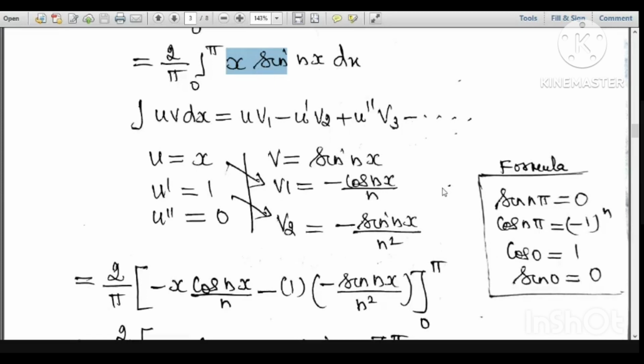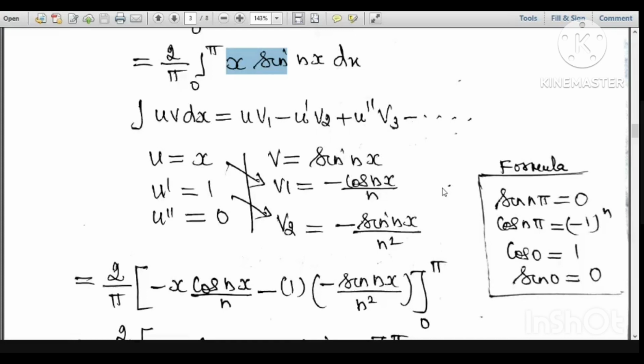Again differentiating 1 with respect to x, you will get 0. So u dash is equal to 1, u double dash is equal to 0. v is equal to sine nx, and v1 you have to integrate, so integrating sine nx you will get minus cos nx divided by n.